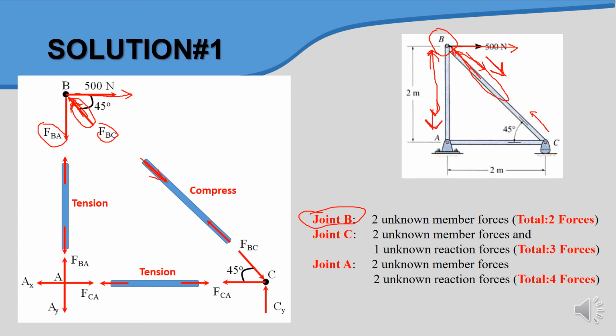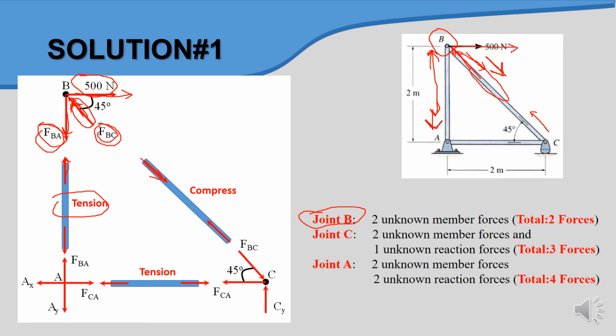So for this member in tension, we have an upward direction, and for point B the free body diagram is towards downward. We only know the external force, which is 500 Newton, and 2 unknowns, this one and this one, whose values we don't know.